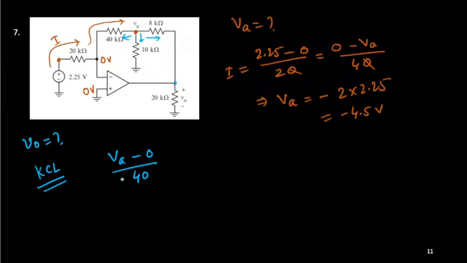Yes, you can find the current through 8K, then you can solve this problem. That is also fine, and that also I will discuss. So if you use this KCL only, this is the current to this side, this is your VA minus 0 upon 10 plus this is your VA minus V naught upon 8.